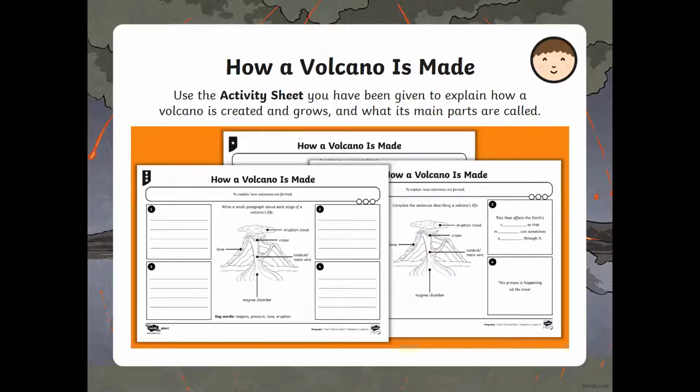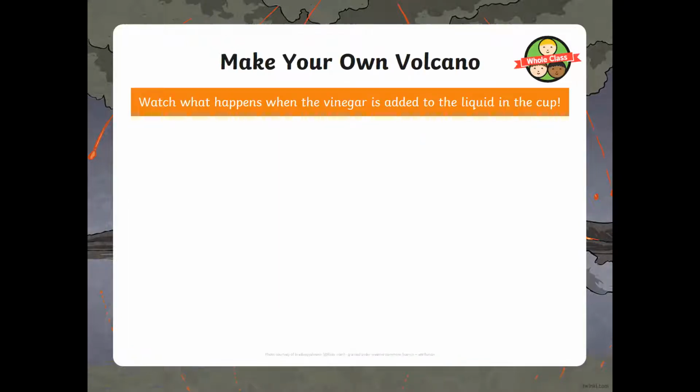I'd like you to have a go at completing any one of the volcano activity sheets that is suitable to you to explain how a volcano is created and grows and what its main parts are. Now remember, you can go back to the slides to help you answer the sheet. Once you've done that, why don't you have a go at making your own volcano?